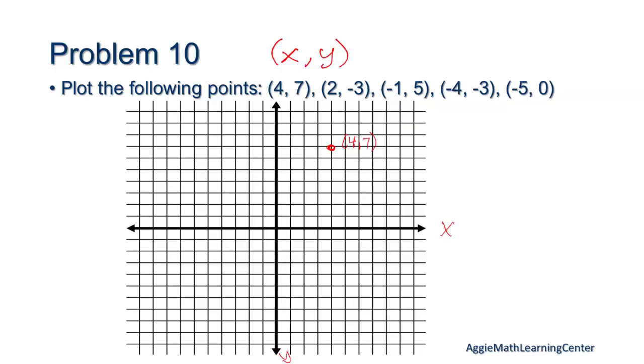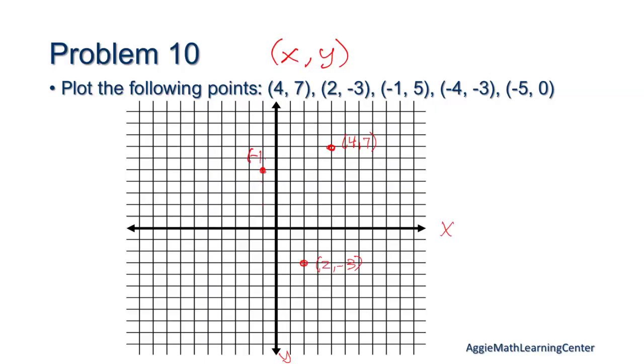Perfect. What about the next one? It's kind of hard to do with you guys, but same thing for the next one, right? Just go 2 to the right and then 3 down. Down 3, yep. And then 1 to the left from the origin and 5 up.